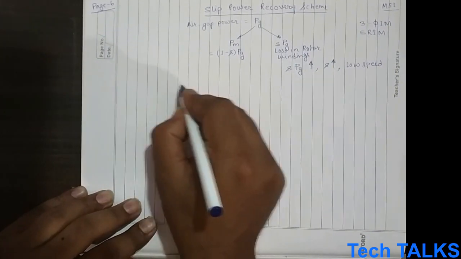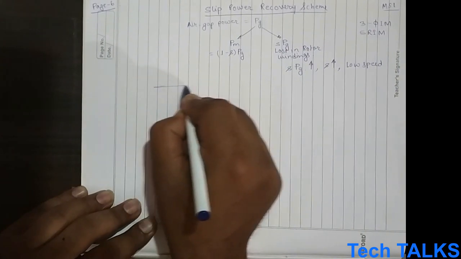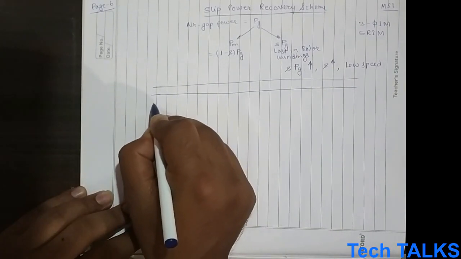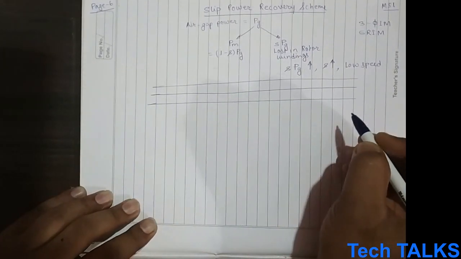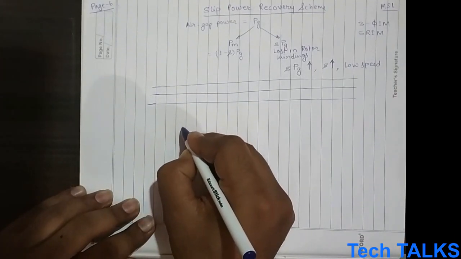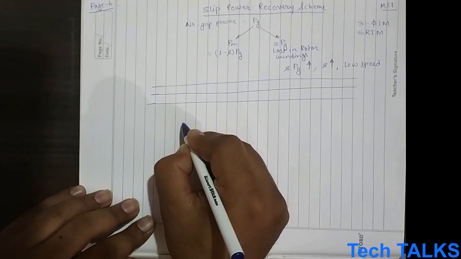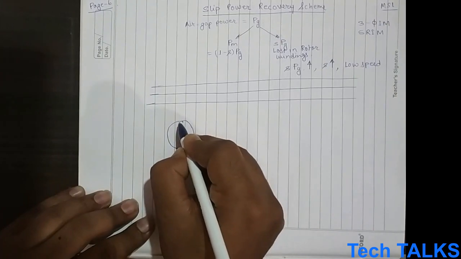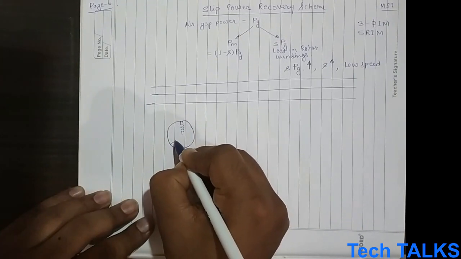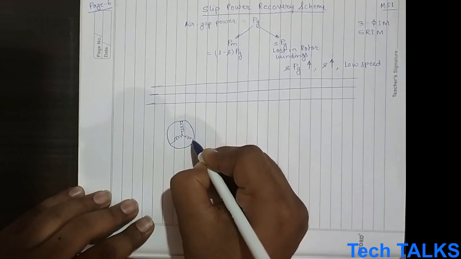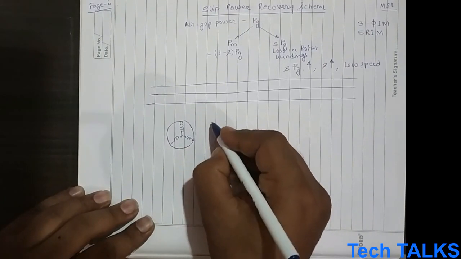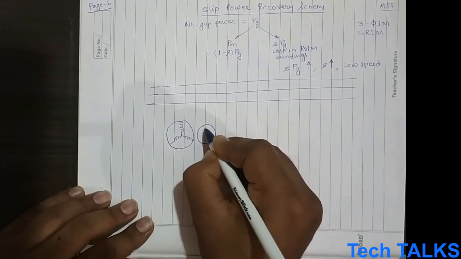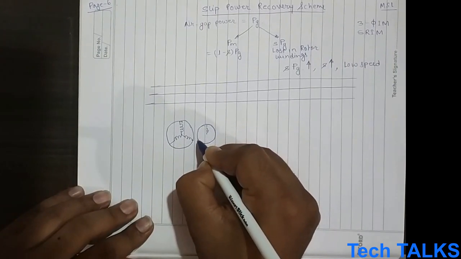Okay, now the diagram for this one is, we are having a stator. For much better understanding I am drawing the stator and the rotor diagrams differently only for this case.